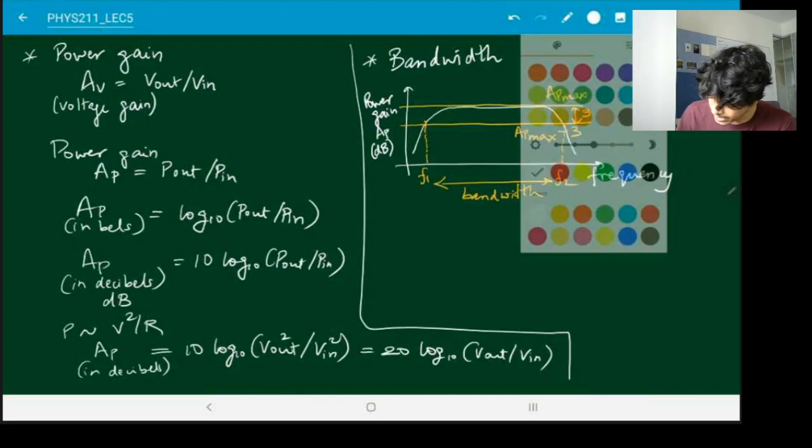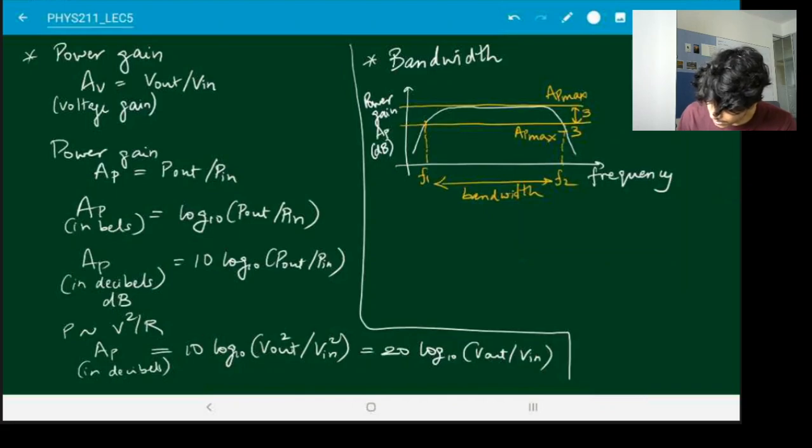So you can do a quick calculation if you want. AP max minus AP, let's call this AP cutoff. So AP max minus AP cutoff is 3.